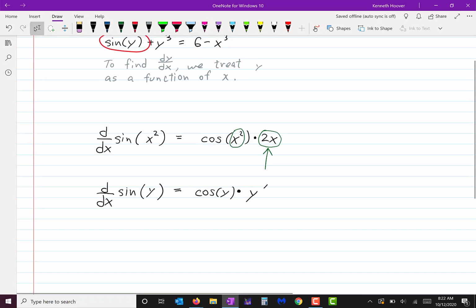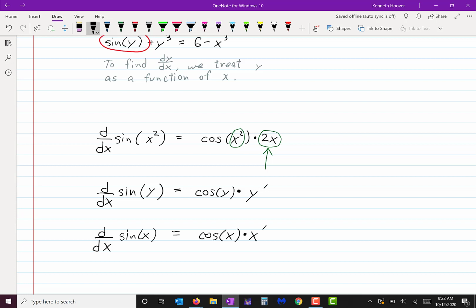Now, just for fun, let's go ahead and write sine of x, and let's write down the derivative. And I'll tell you that it's not that the rules are changing. These are actually the same rules we always had. What's the derivative with respect to x of sine of x? It's cosine of x, right? And that's the answer. Now, what if someone came along and said, how come we don't have to multiply that times x prime? What would I say to that person?